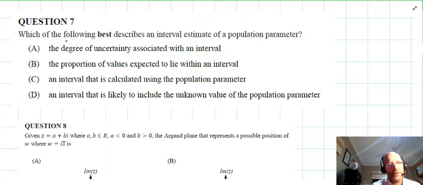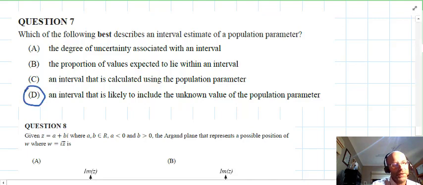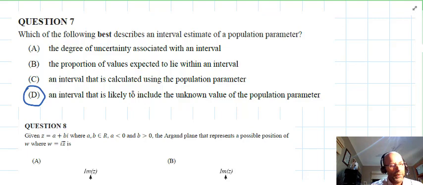Question 7 is, which of the following best describes an interval estimate of a population parameter? And we've got 4 choices here. Now the answer is D. It's an interval that is likely to include the unknown value of the population parameter that we're looking for. So we find it's the best answer as it describes an interval that the population parameter we are interested in might lie in.